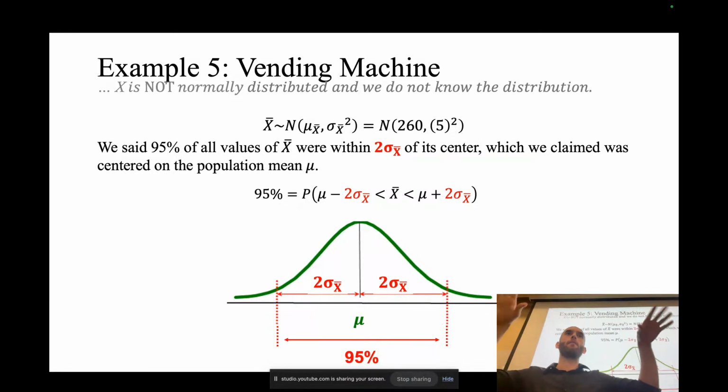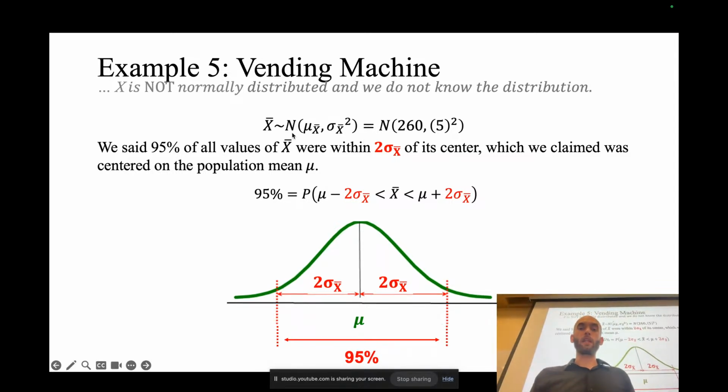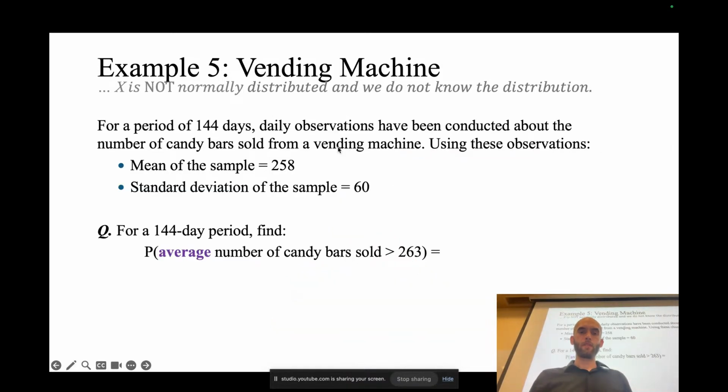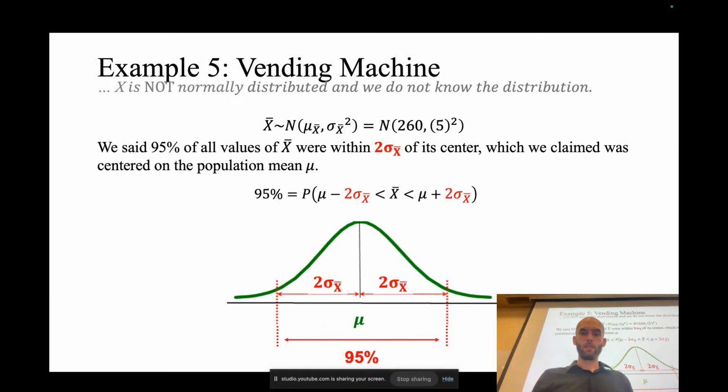So we take repeated samples, and the draw of X bar is centered on the true mean, mu. So we have X bar normally distributed around the truth with this distribution.